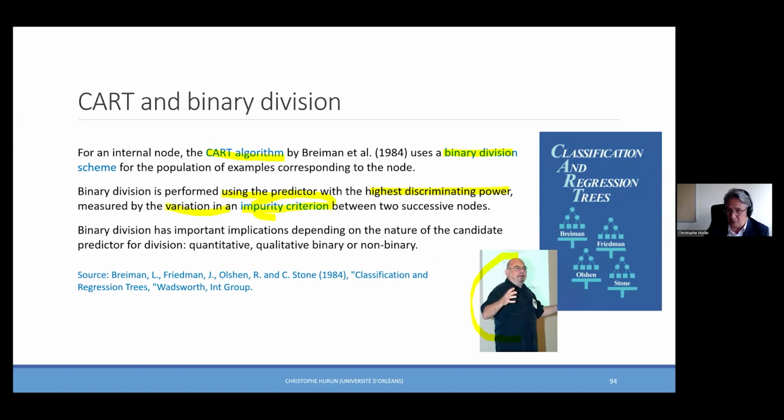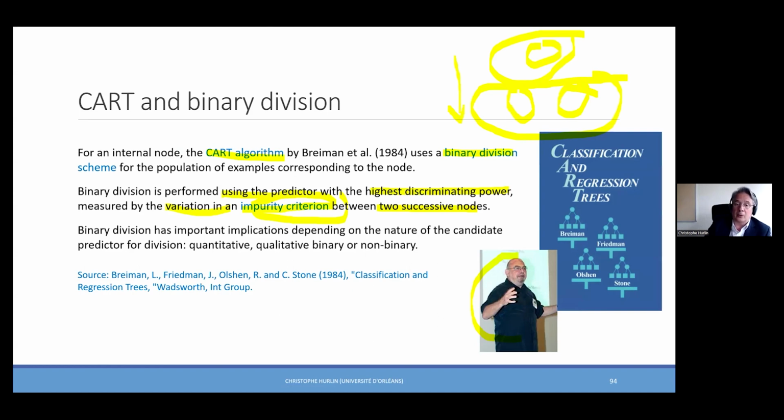The important term is the impurity criterion between 2 successive nodes. I have a measure of impurity at a node, and then a measure of impurity in the child node, and the idea is to decrease the impurity between 2 stages.